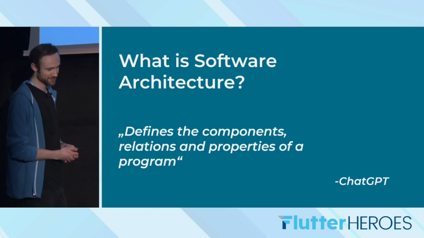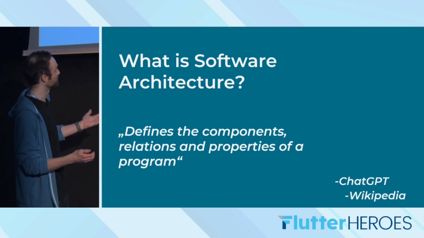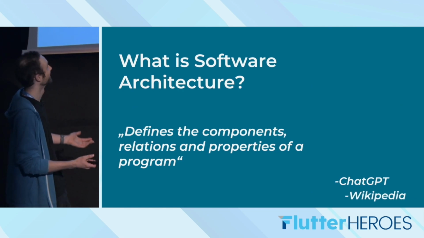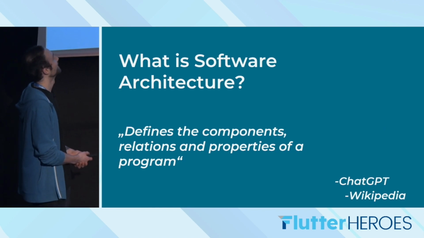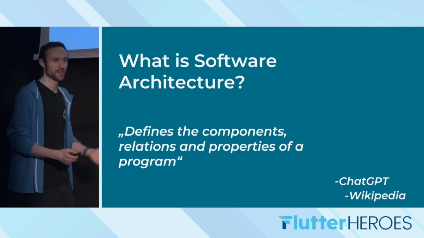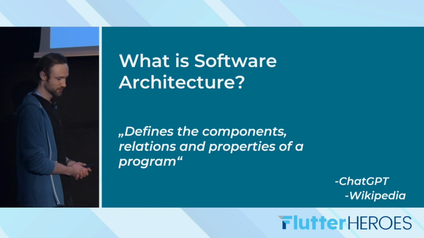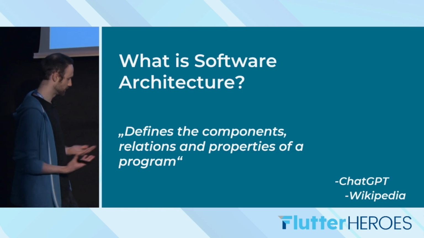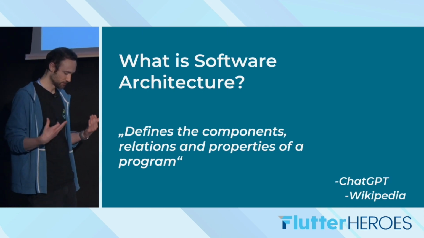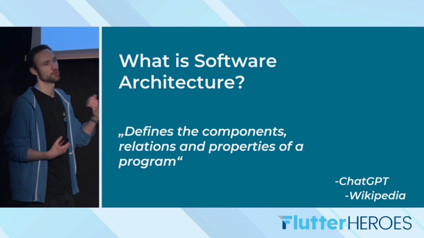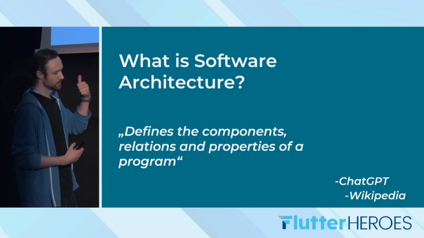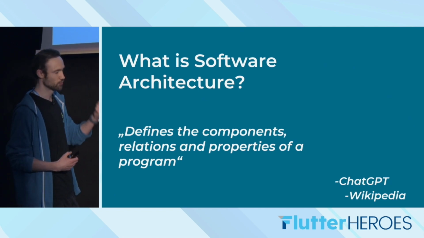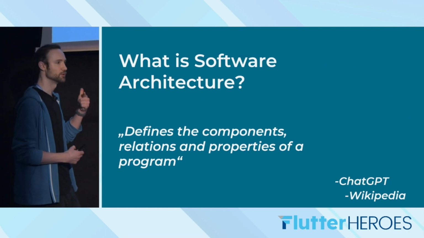And interestingly, it just copied this answer from Wikipedia. So yeah, what a time to be alive. But actually, I have to say, I like this definition quite nice, maybe putting it in my own words. Software architecture is about the components that we have, their properties, the purpose that they have, and how they communicate with each other.